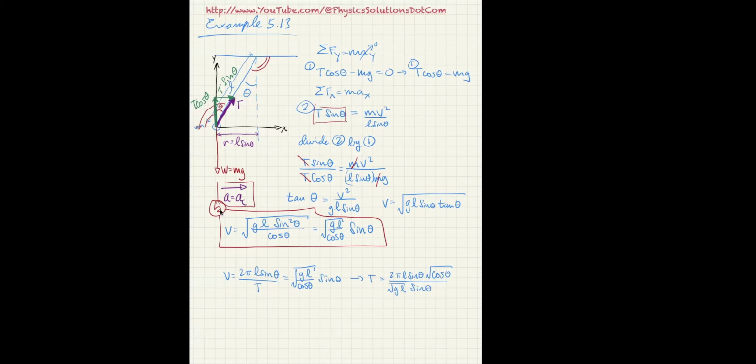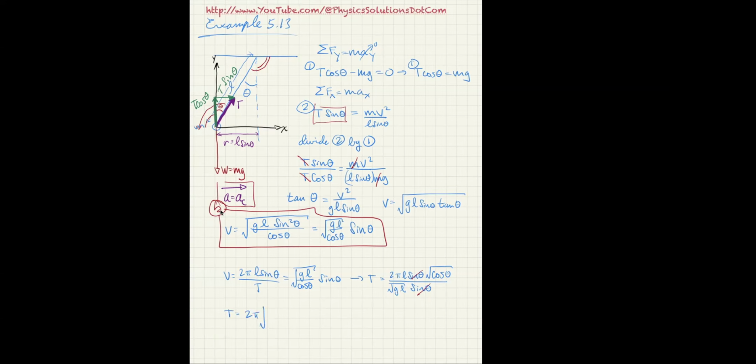I could have canceled out that sine theta before when it was sine theta on each side of the equation, but it doesn't matter too terribly much. We could also keep the 2 pi, which generally we like in our formulas for the period. So if I choose to do that, I get T is equal to 2 pi times the square root.